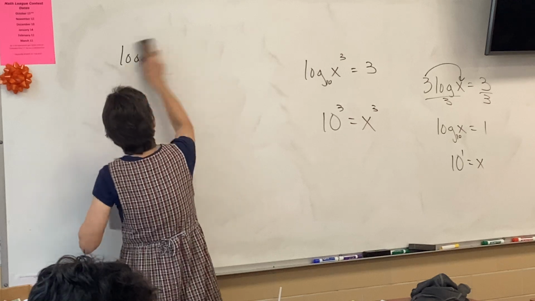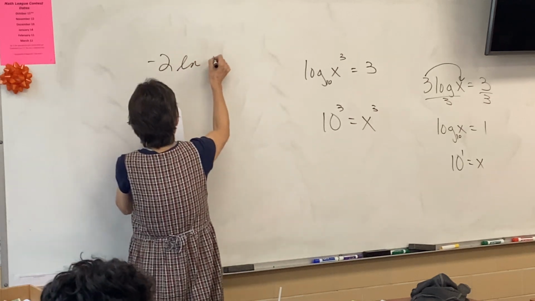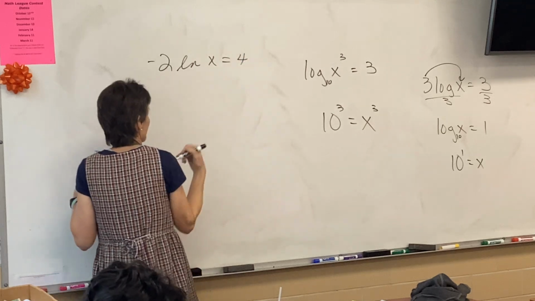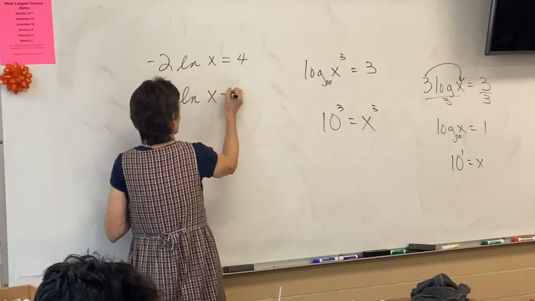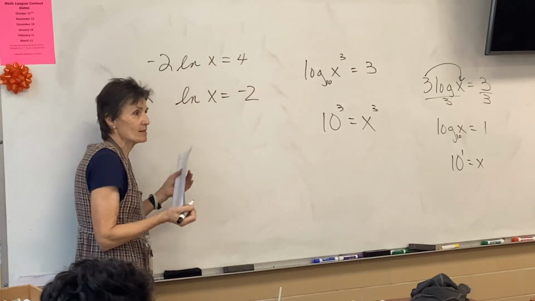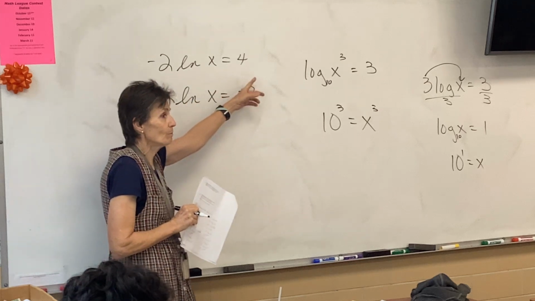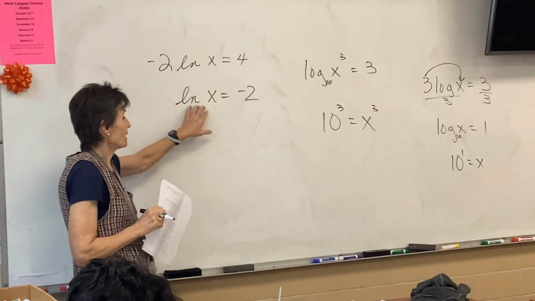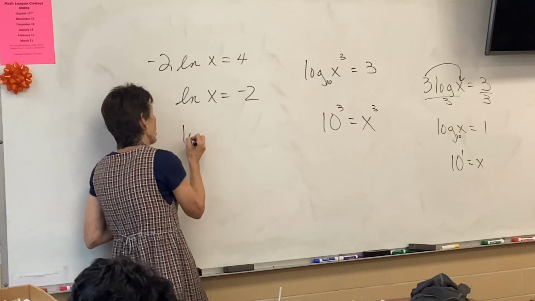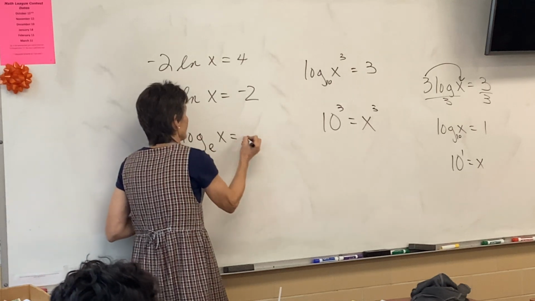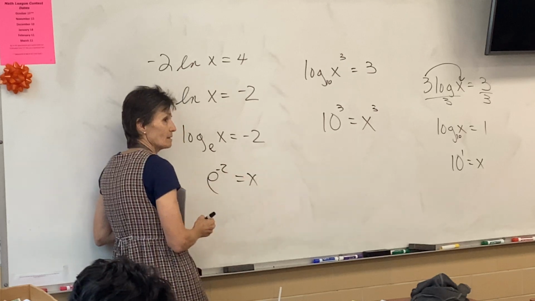All right, some of you've already got the next one worked out. My own personal preference, especially since it's negative, is just divide by it. So I would have this equation. If I divide by -2, what's ln mean? Well, it doesn't mean e, it means log base e. So e to the -2 equals x.